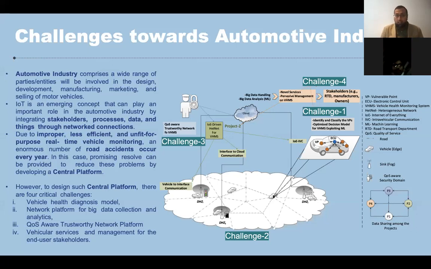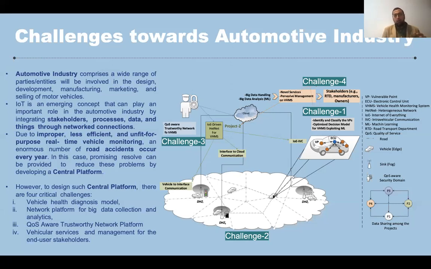First, I will try to highlight another scenario so we can raise some challenges. So what is the automotive industry? Basically, it comprises a wide range of parties or entities that are involved in designing, development, manufacturing, marketing, and so on for motor vehicles.